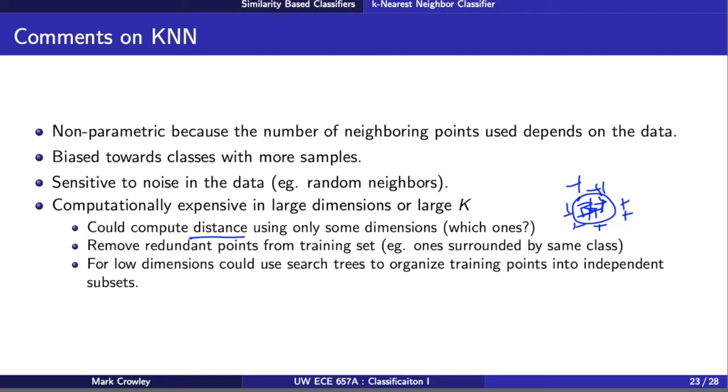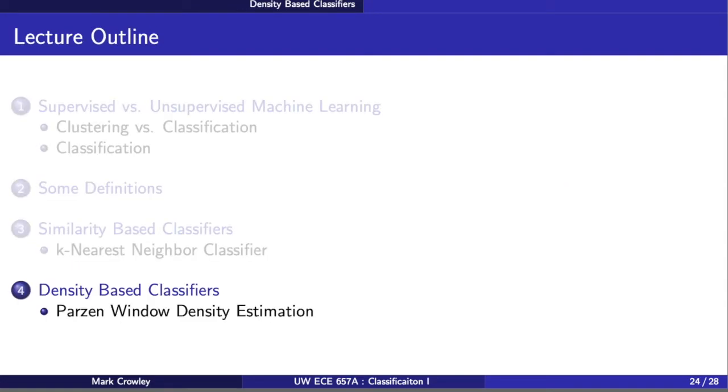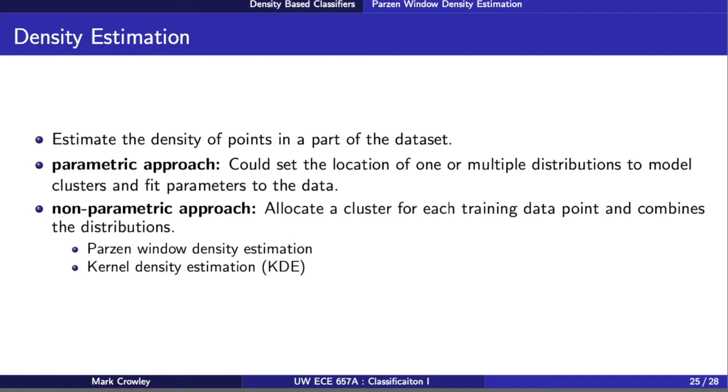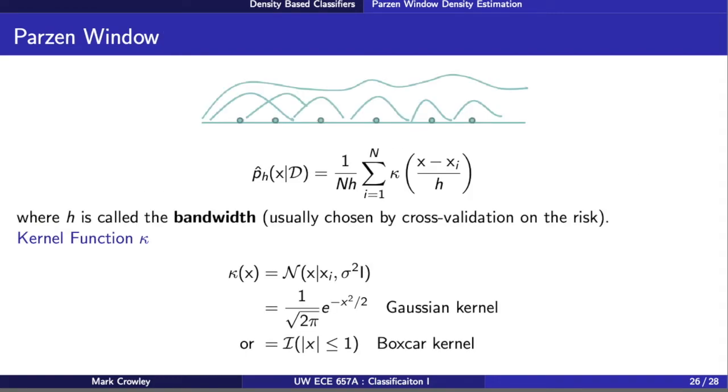Good. Okay, so we have a little bit of time left. The other model that we had here was a simple model for density estimation. This one is also non-parametric, but it uses the density of the points in some area.